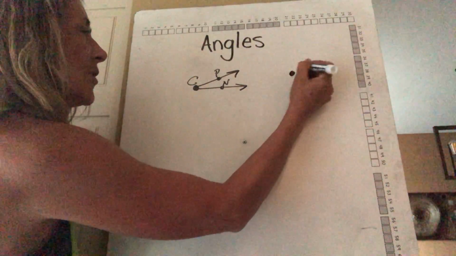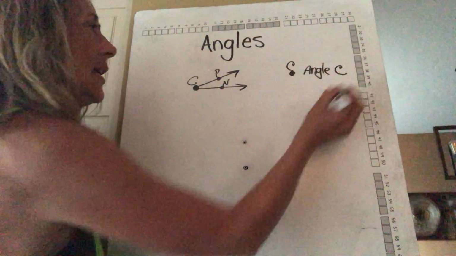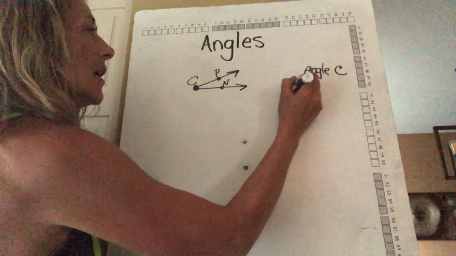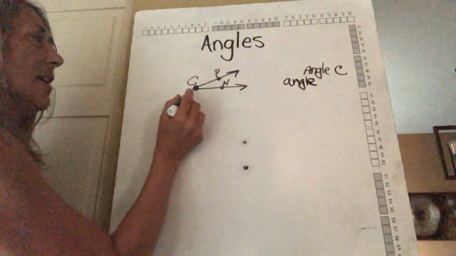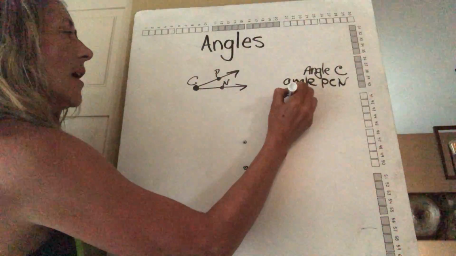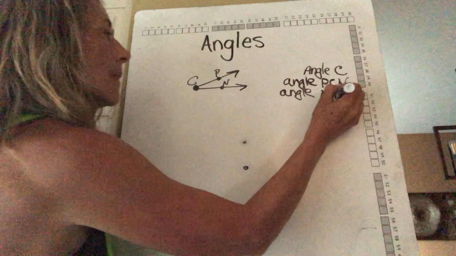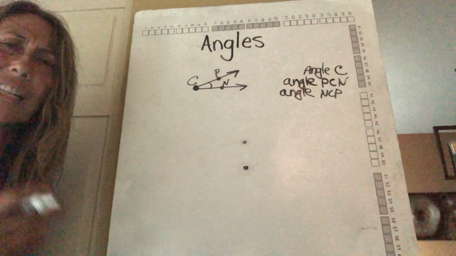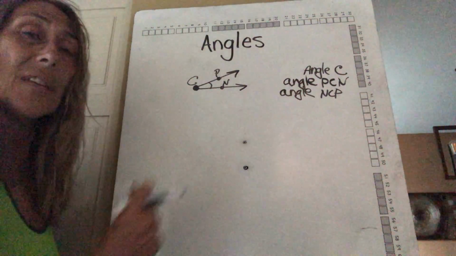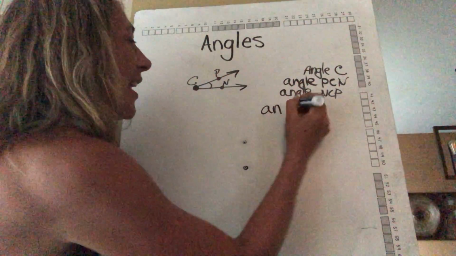We can call it just by the vertex, angle C, or I'll erase this so we're not confused, angle PCN, or I could call it angle NCP. And I'm going to make that little mark because that tells me what part I'm referencing for an angle, or the type of angle that it is. It's less than 90, it's little, it's an acute angle.